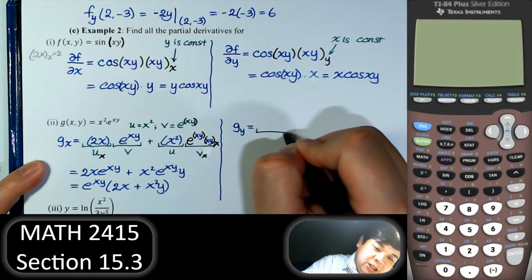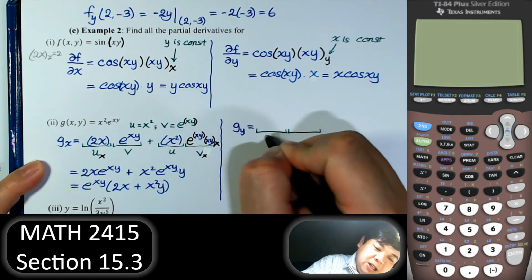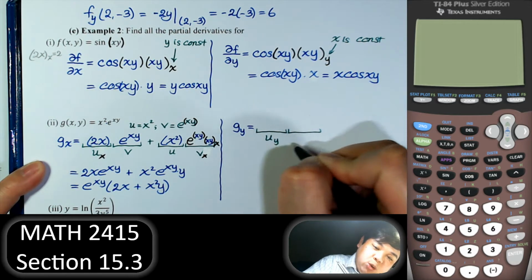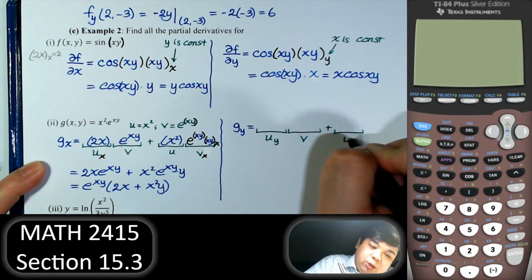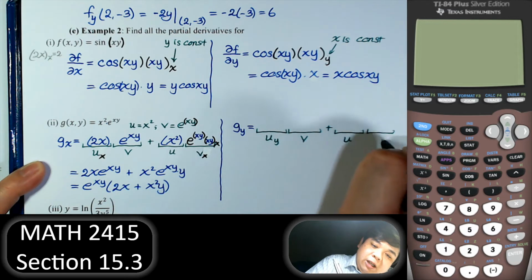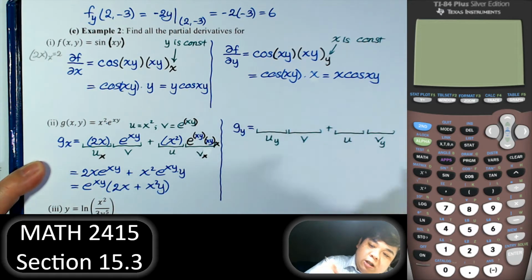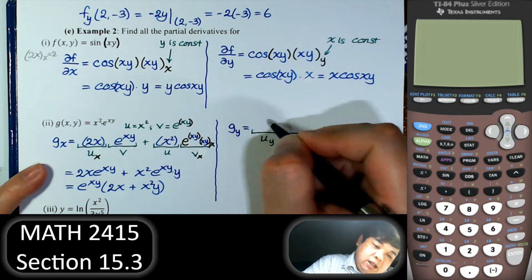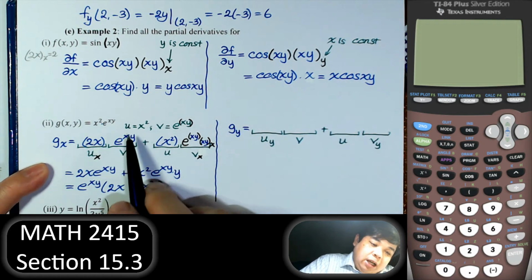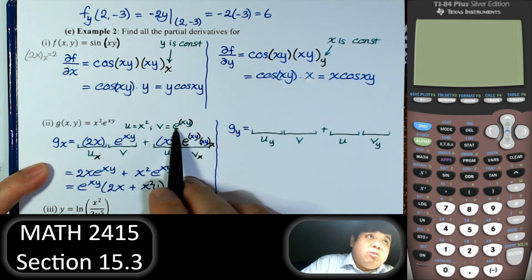Product rule: derivative of u with respect to y times v plus u times derivative of v with respect to y. Now we're going to have x squared. U is still that and v is still that.